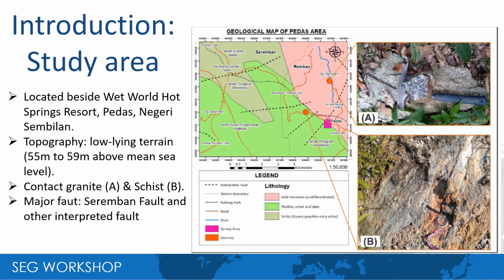The alignment is not east southwest, but can be observed here. Basically there are only a few interpreted faults or lineaments. The nearest may be this one and this one, and then another lineament is here. So this is our map that we can observe, and the study area is here.